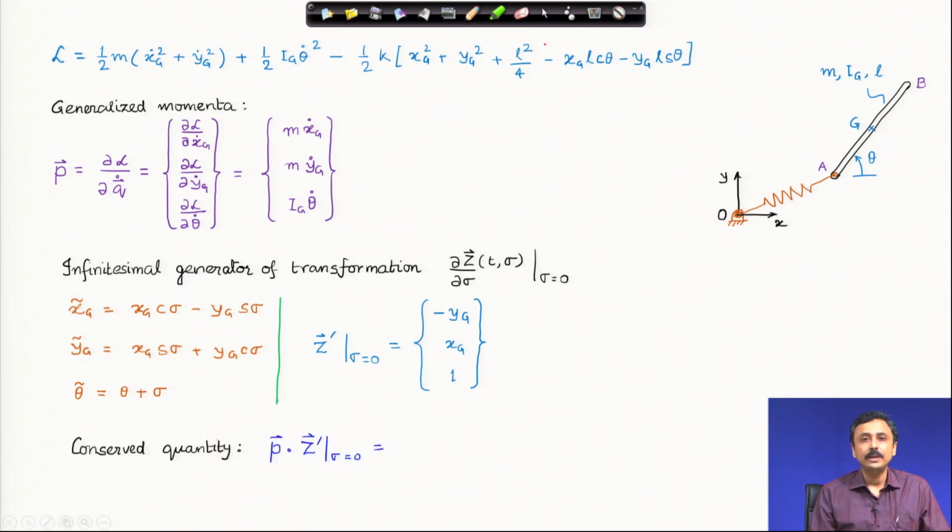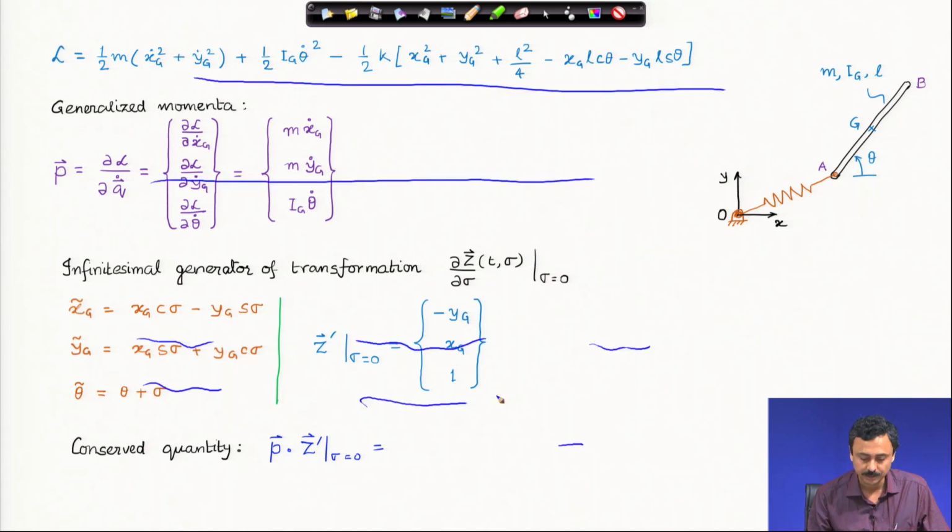And the conserved quantity, as per our previous discussions, is nothing but the generalized momentum vector dot the infinitesimal generator of the symmetry transformation. This is our generalized momentum, this is our infinitesimal generator.